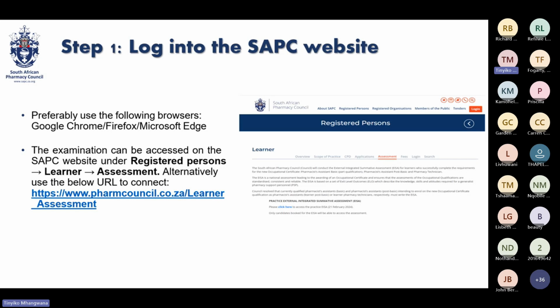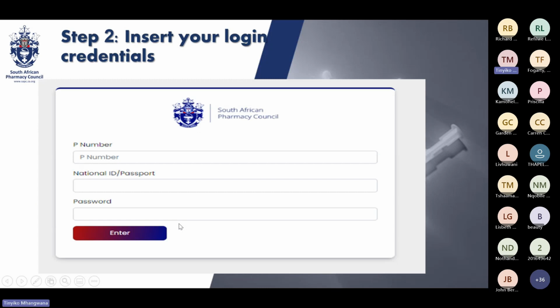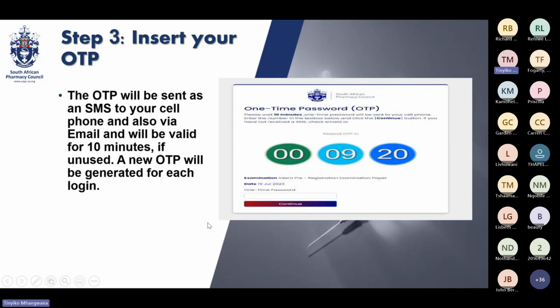It will navigate you straight to here. So you have these two options on your Chrome or Firefox or Microsoft Edge. Then, as I've already highlighted, you log in to SAPC, and then the OTP is sent to you.